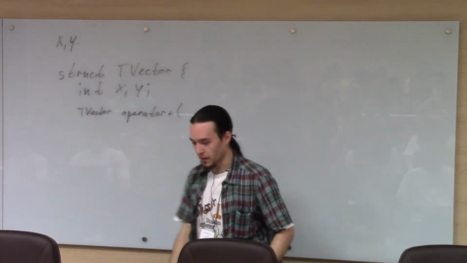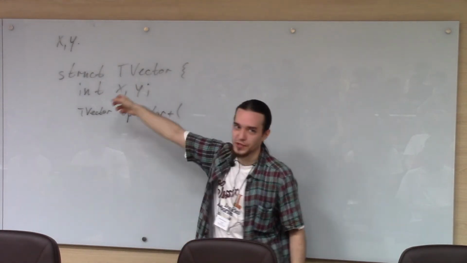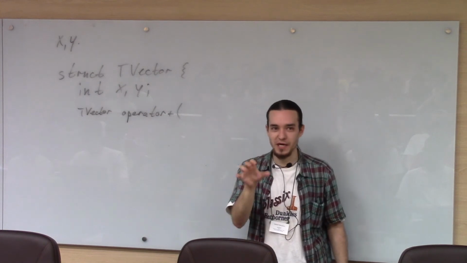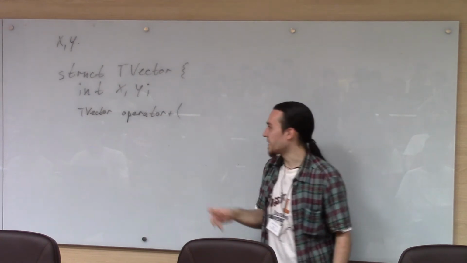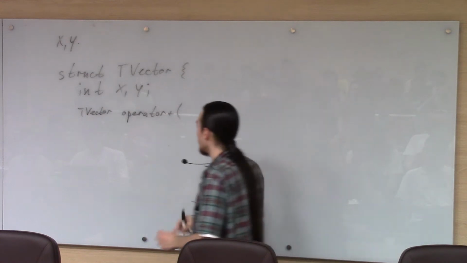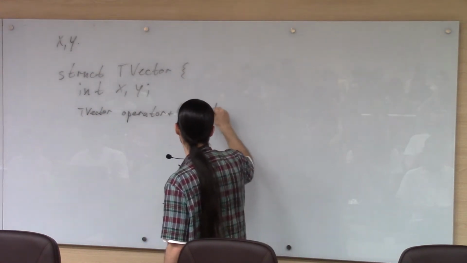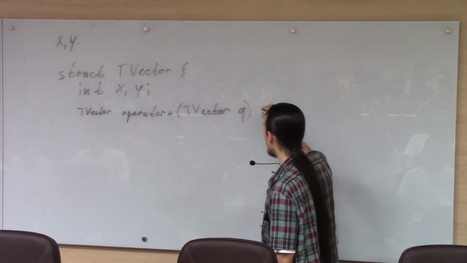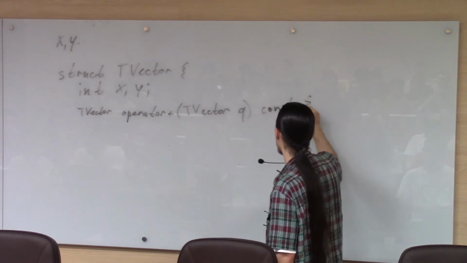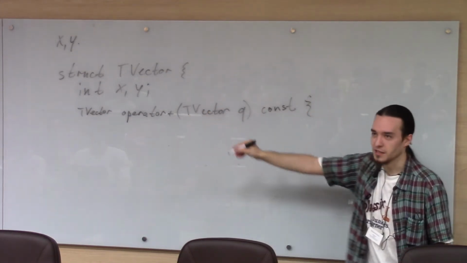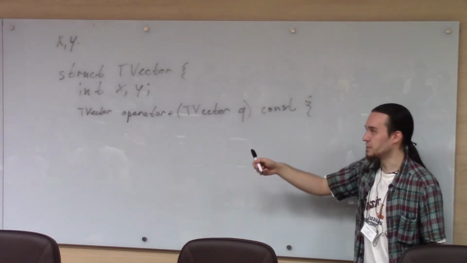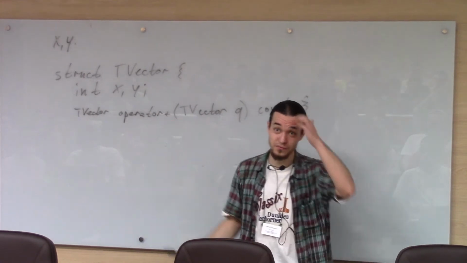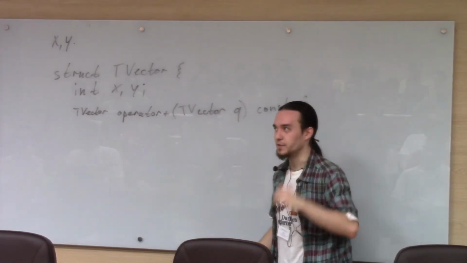And the thing is, since we are defining this inside the structure, the first argument of this P plus Q is already bound to be P. So we only have to define the second argument here. So we go with T vector Q. And you may want to write const here after this argument list to mark that this function will not change the structure itself. It's not going to change any variables, any fields.